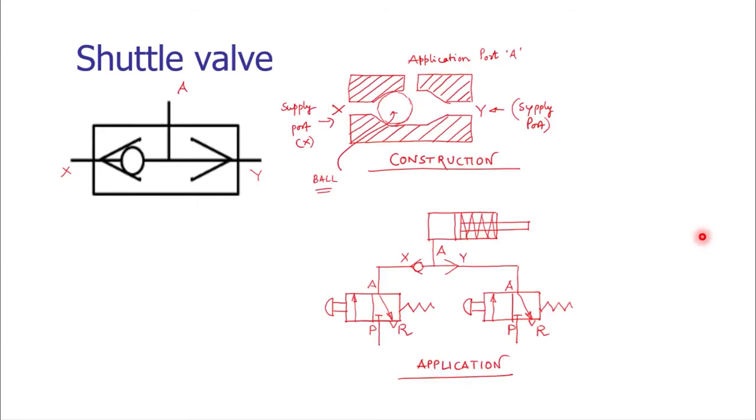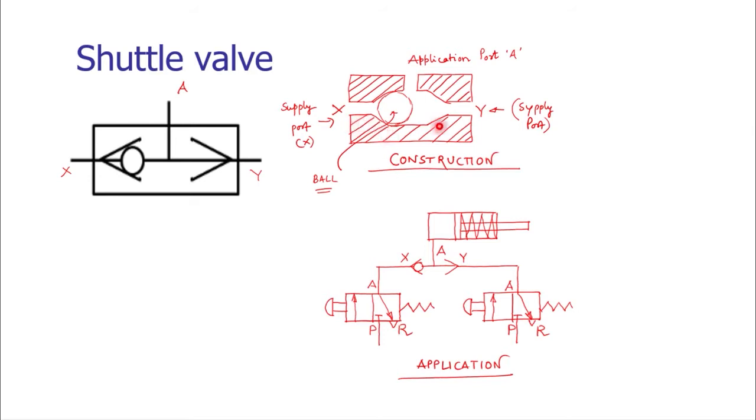When we want to actuate an actuator, say a single acting cylinder or double acting cylinder, by using two different valves, then a shuttle valve is used. The shuttle valve has three ports: port X, port Y, and the application port A. At port X, the supply from one valve is given, and at port Y, another supply is given by the other valve.